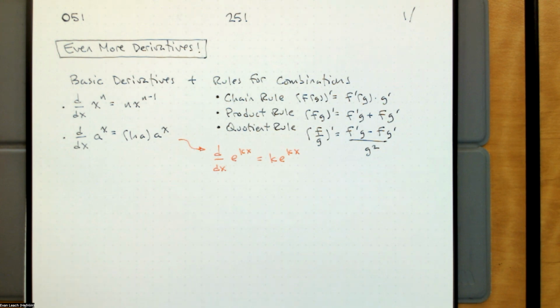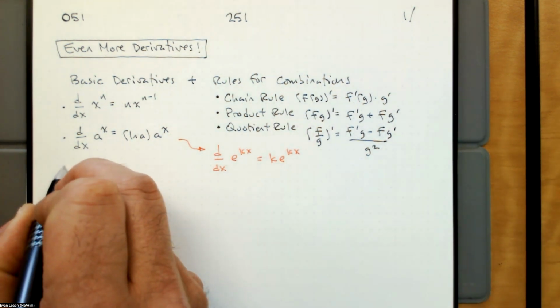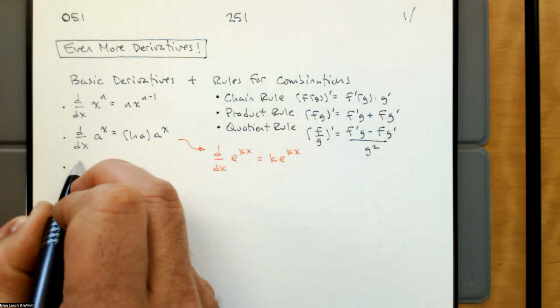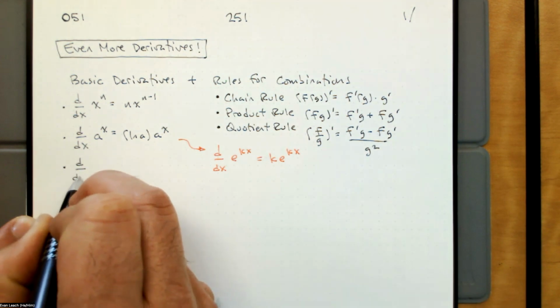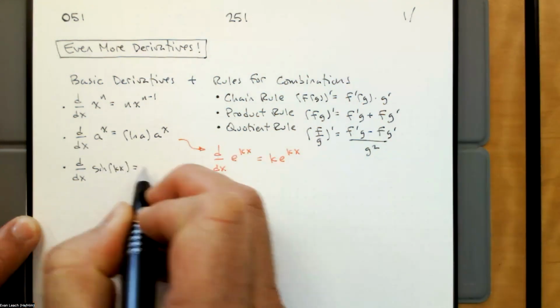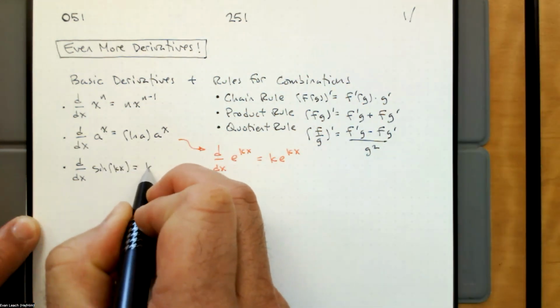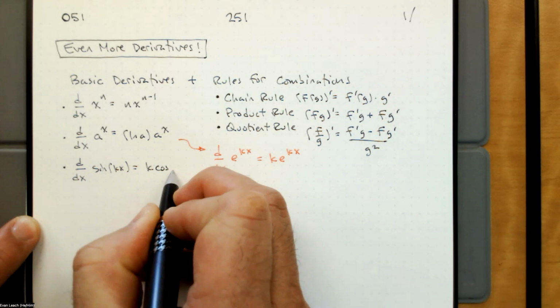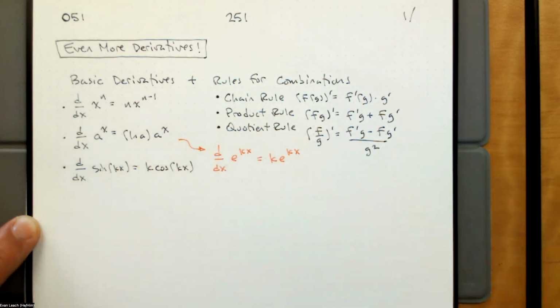Then to this we added sine, cosine, tangent, and secant. So the derivative of sine of kx is k cosine of kx.